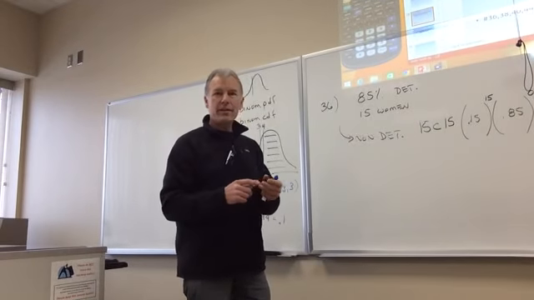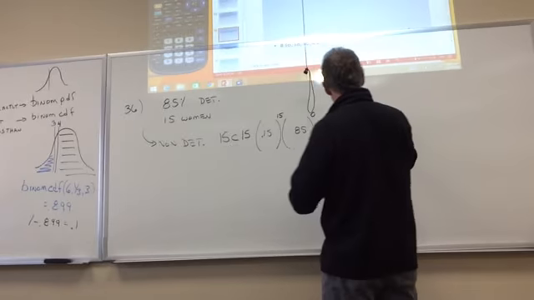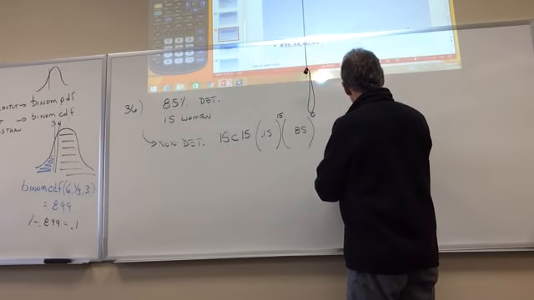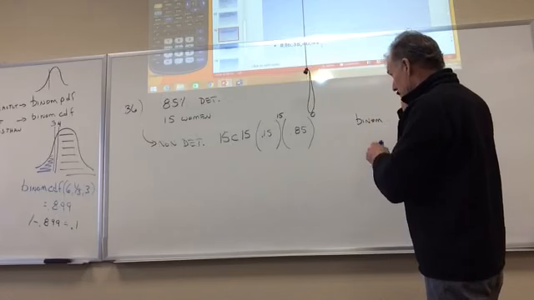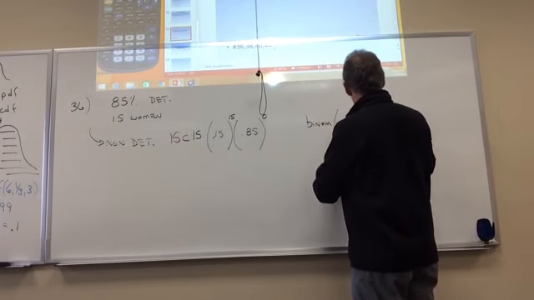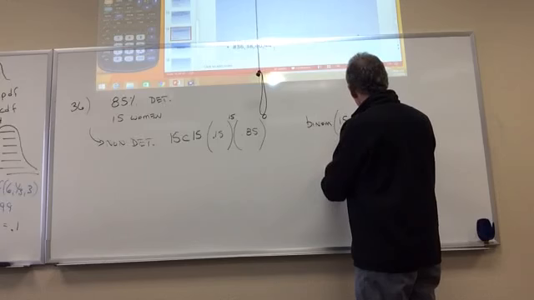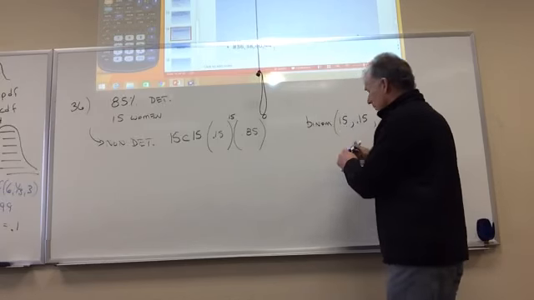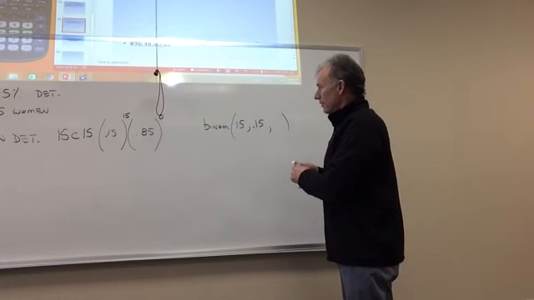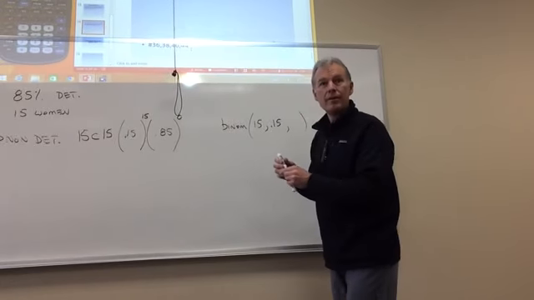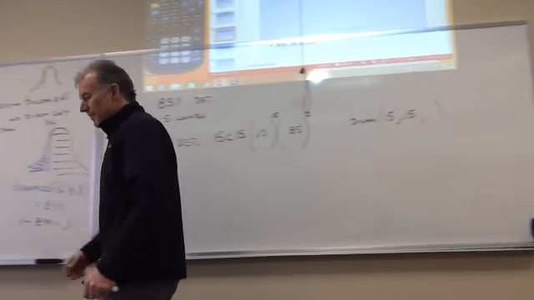So now if we try this in the calculator, we'd have binomial. So we have 15, and we're after not detectable. Oops, yeah, I skipped those words, didn't I?